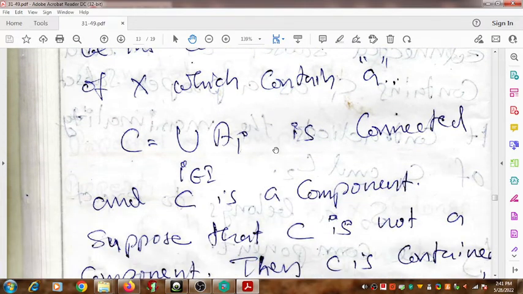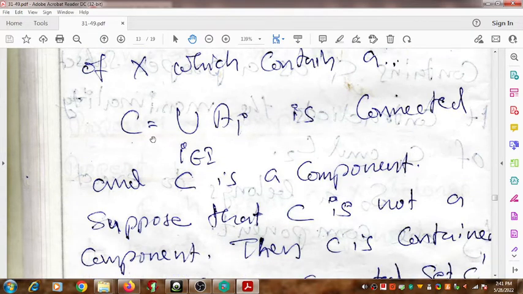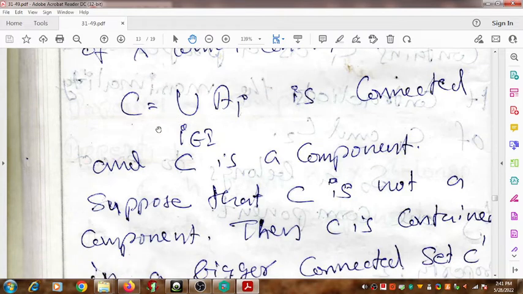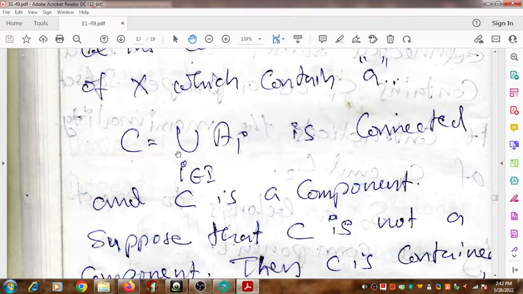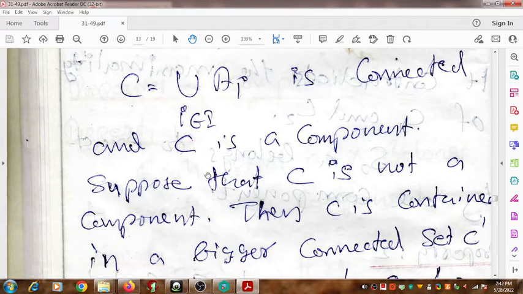And therefore, using the theorem that we have previously proved, we can show that if C is defined as the union of AI where I is an element of I, that set C is connected. So this defined set C is connected, and also we can show that C is a component.